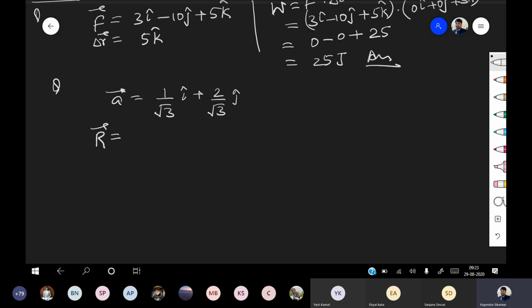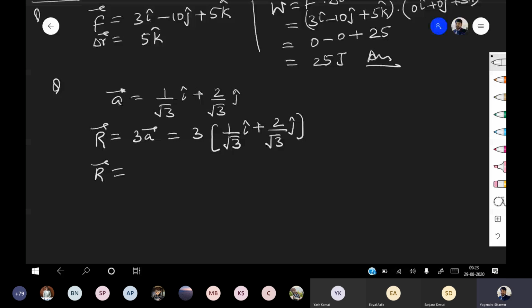Thank you. A unit vector is represented as this much. A vector along A of magnitude 3 will be very simple. R vector is equal to 3 A vector. That's it. Now 3 into 1 by root 3 i cap plus 2 by root 3 j cap. Now you will see a miracle happening in front of you. You will see that root 3 is shifted upward.